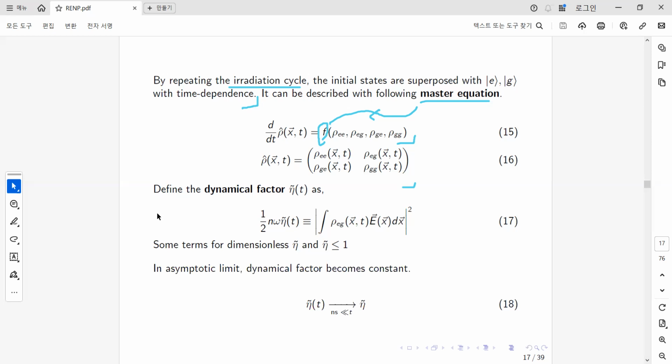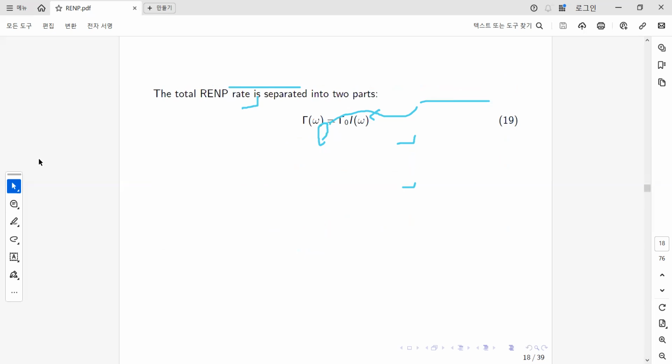When the time is larger than nanoseconds, as an asymptotic limit, such a dynamical factor becomes time independent. So we can just write this dynamical factor as a constant value. So the dynamical factor is just a constant.